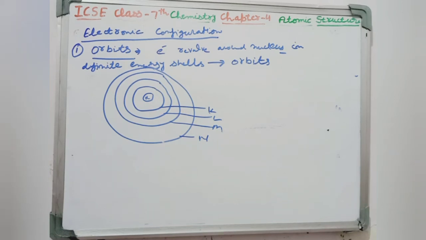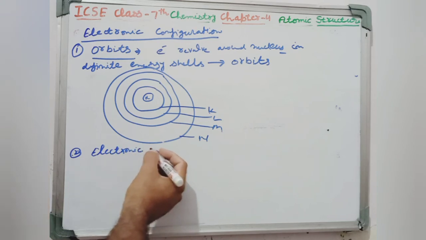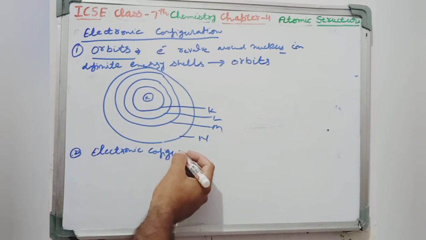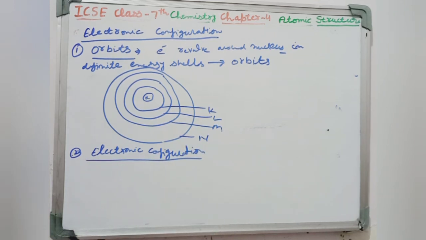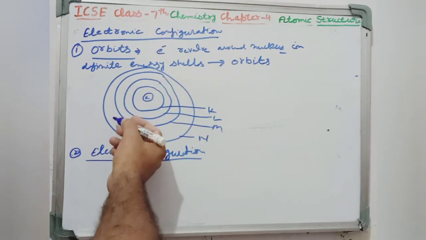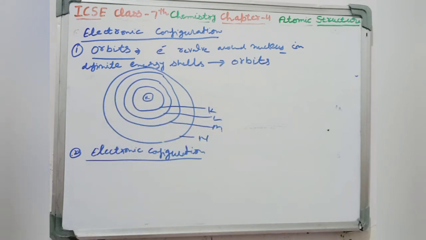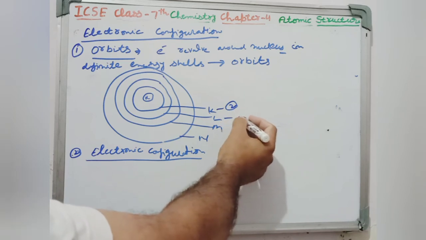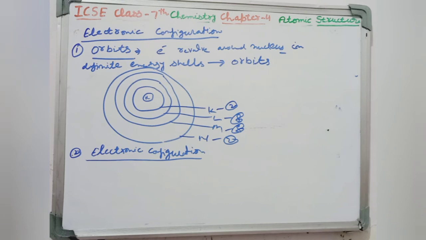Now number two is electronic configuration. Electronic configuration is the arrangement in which electrons arrange themselves in various orbits. This shell can hold 2 electrons, this can hold 8, this can hold 8, this can hold 2.